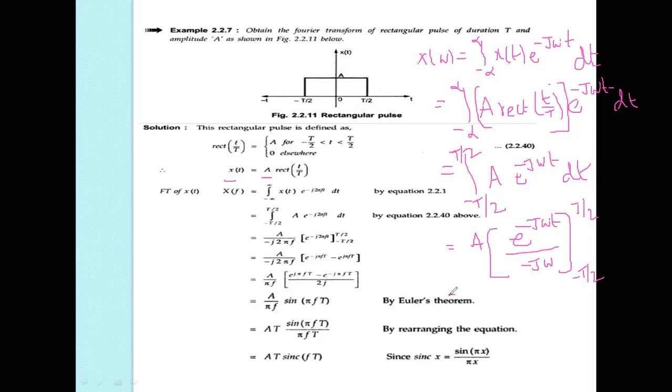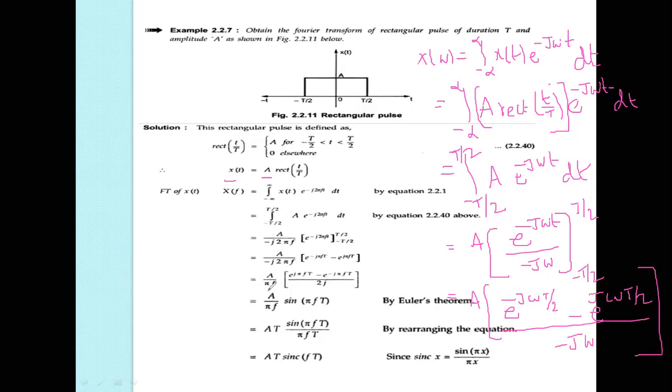Substitute the upper limit: A into e power minus j omega T by 2, my dear students, minus e power, when I substitute the lower limit, which is a minus value, minus and minus becomes plus, j omega T by 2, whole divided by, the minus j omega is already there, j omega.